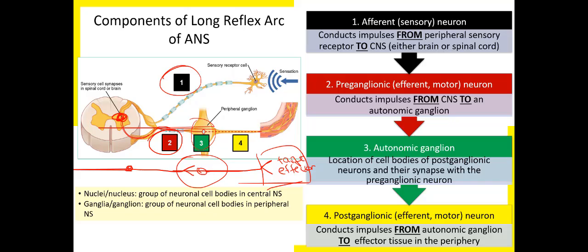This is the one that makes the heart beat faster, makes the blood vessels dilate, makes your digestive tract relax or contract, or what have you. So you've got the preganglionic neuron, then the postganglionic neuron, and in the middle the ganglion, which is the collection of cell bodies.